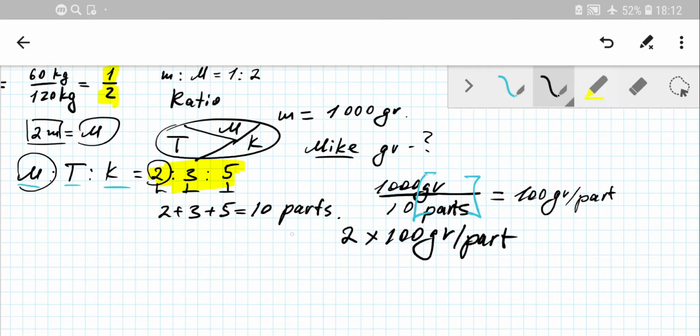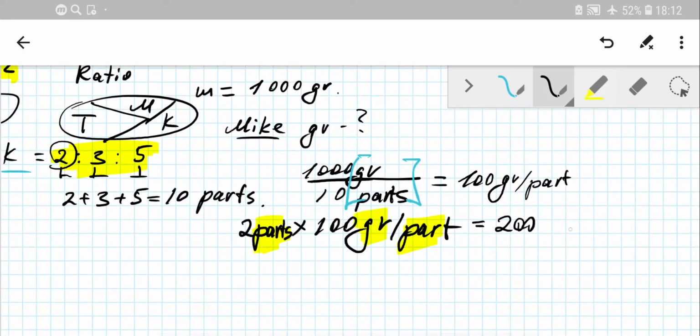Let's see what's actually going on here. You have 2 parts, multiplying by 100 grams per part. So in terms of units, let's see. 2 times 100 is 200. But what about units? Parts: you're multiplying by grams per part.